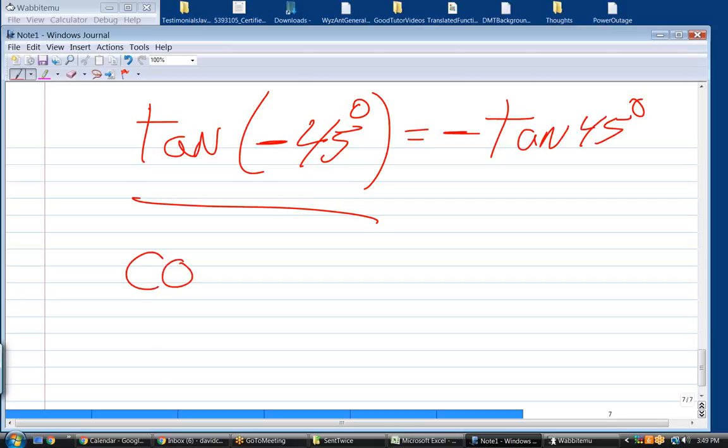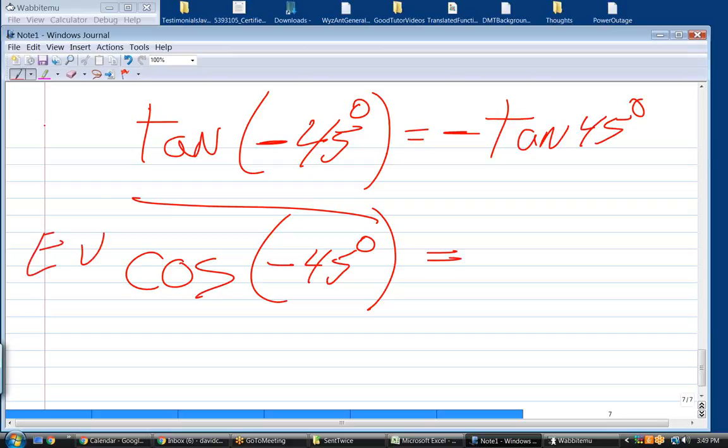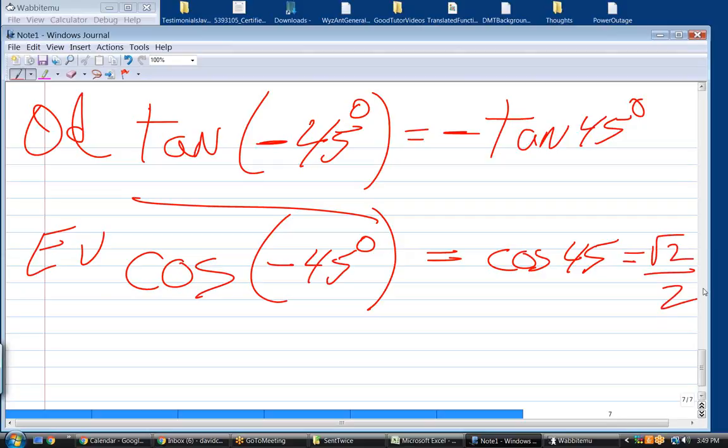If I had cosine of minus 45 degrees, I would use the fact that that is an even function to know that that's the same as the cosine of 45. Instantly, positive square root of 2 over 2, as opposed to finding out that's also 315, which gives you a reference angle of 45.